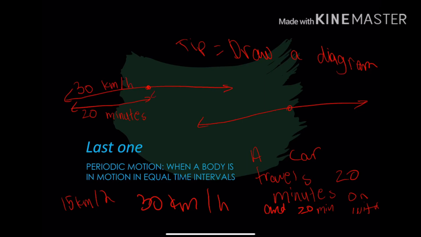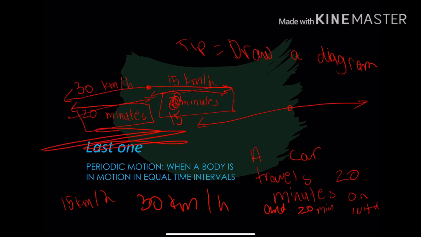And in this part, it travels 20 minutes with 15 km per hour. So it's periodic motion because the time intervals are equal. If it was, let's remove this and say it's 15, then it will not be periodic motion because these two are not equal.